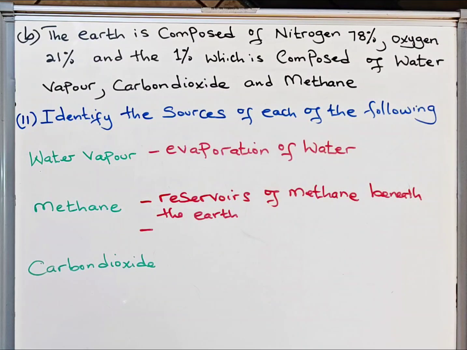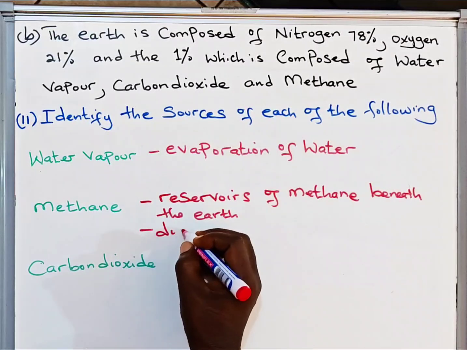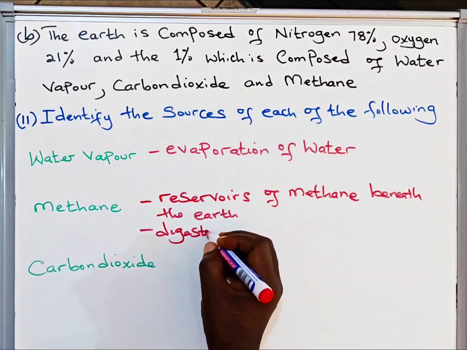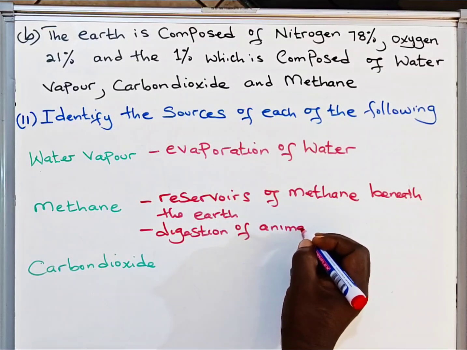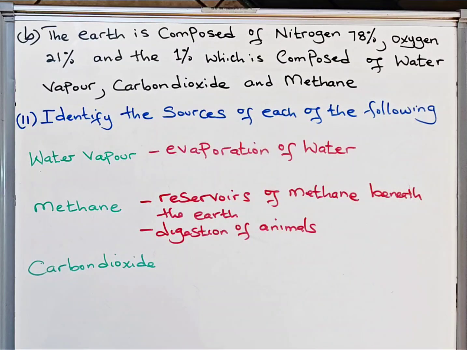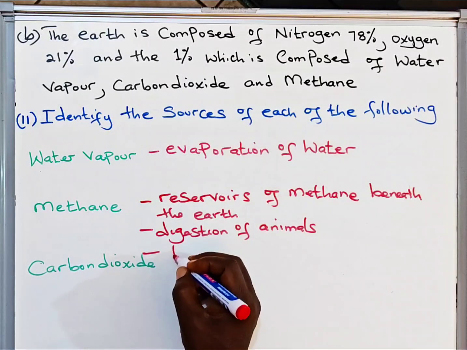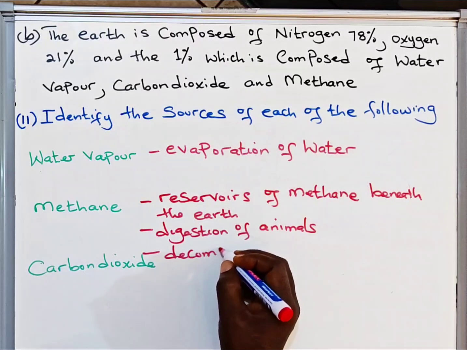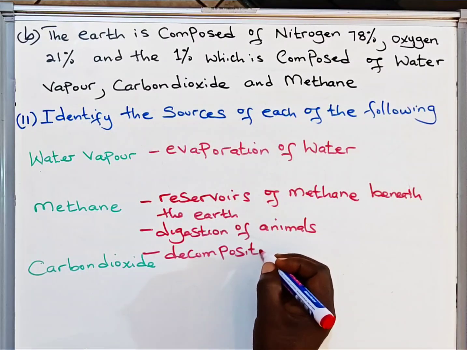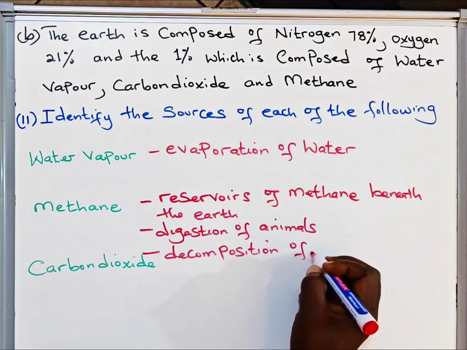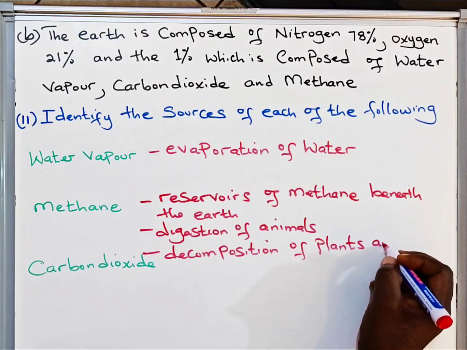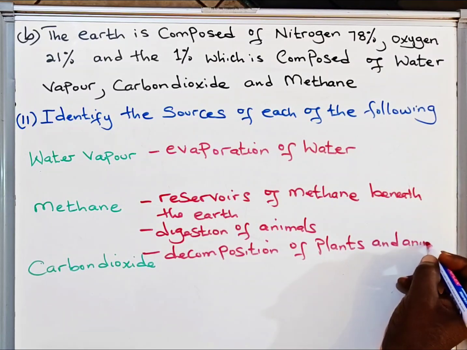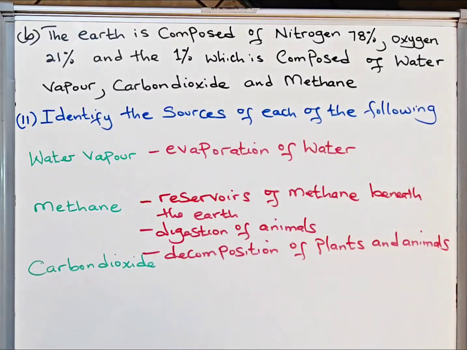Methane can also come from digestion of animals, especially herbivores. Or it can come from decomposition of plants and animals. These are the fundamental ones. There are others, but these are the most important ones.